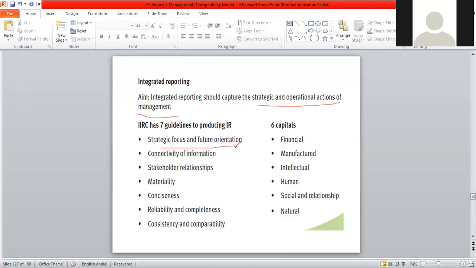The connectivity of information: what software or technology are they using for integrating the information, how do they capture the information and make it available. Then the relationship with their stakeholders, the materiality, the conciseness, reliability and completeness, consistency and comparability.